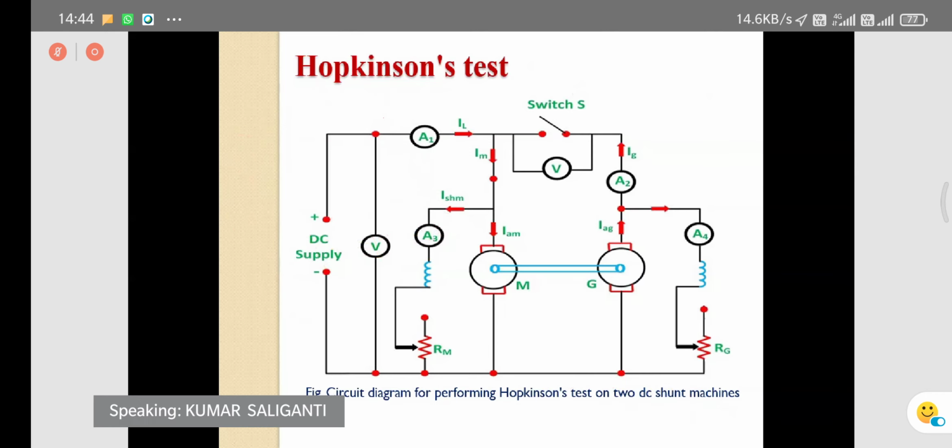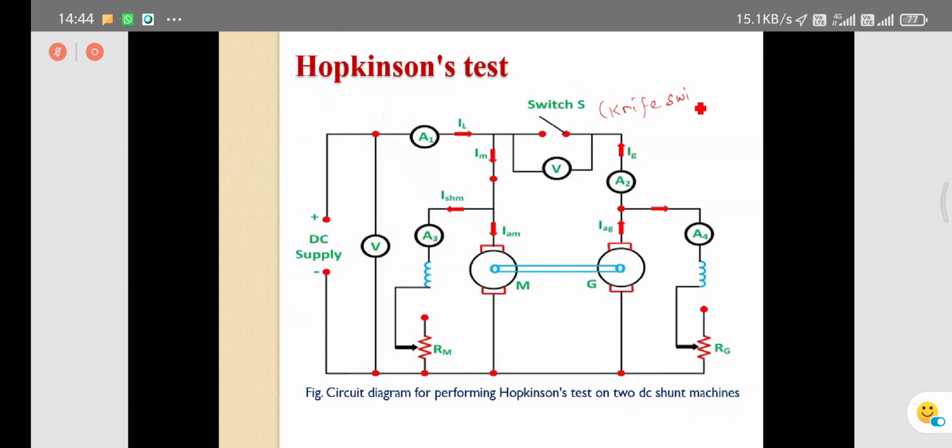Next, coming to the procedure, how to conduct this test. This is the knife switch. When the knife switch is closed, I will discuss it here. First of all, I have to give this DC supply to the motor as an input.